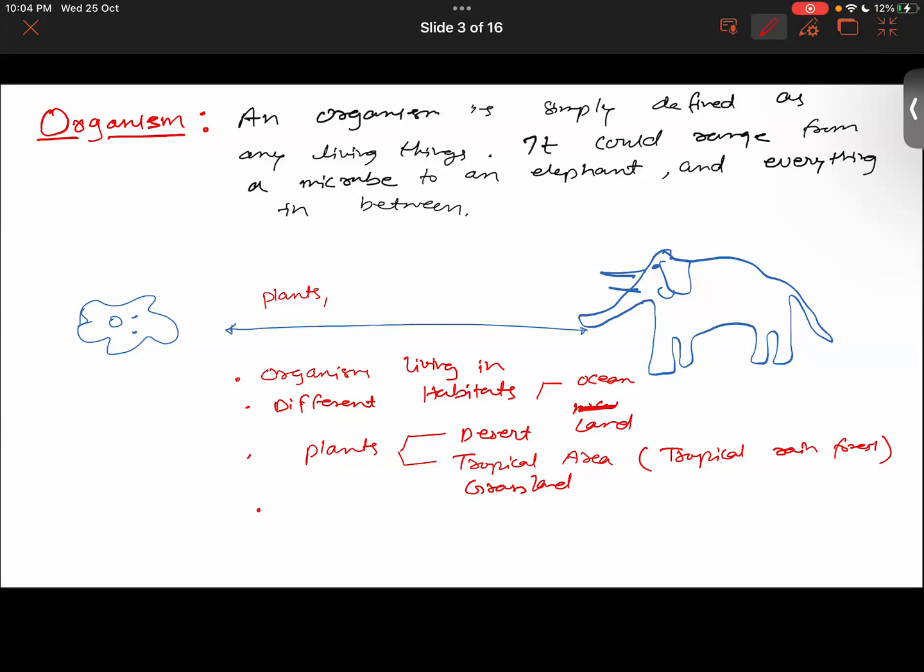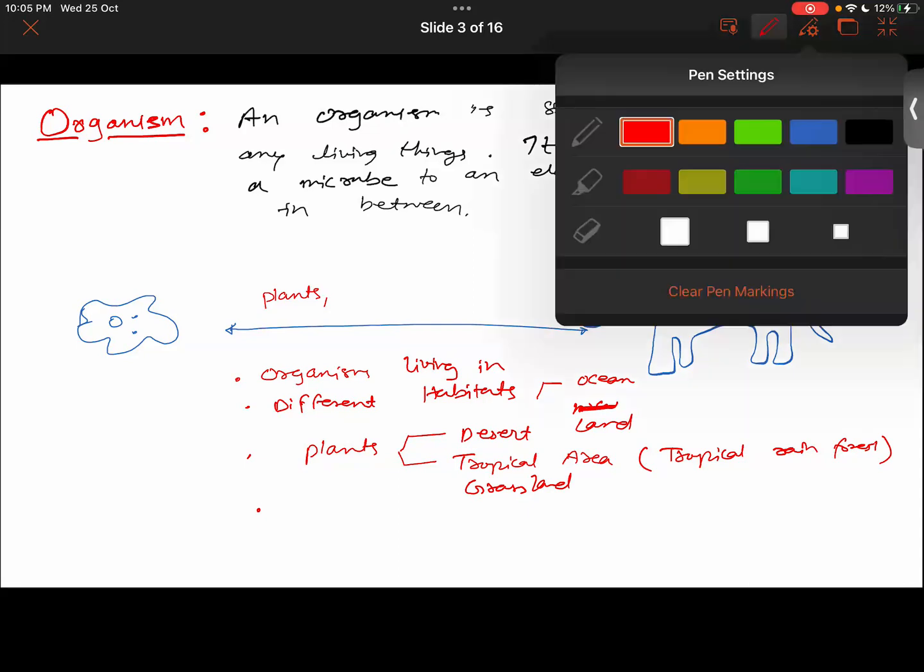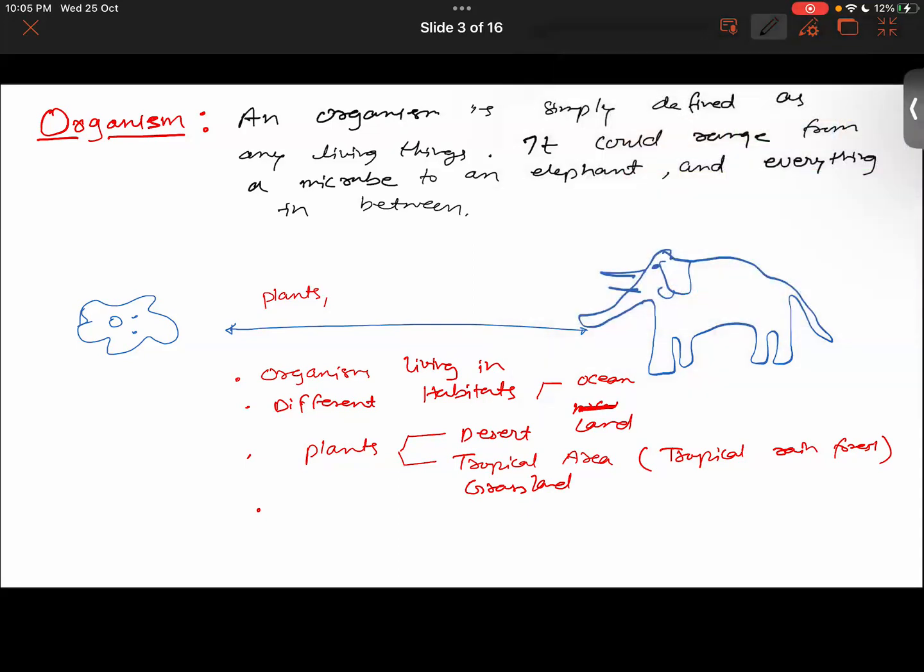Then you have fishes also, the ones that are in the oceans. So that is in general about the different types of organisms. And then it could range from a single cell organism to a multicellular organism.